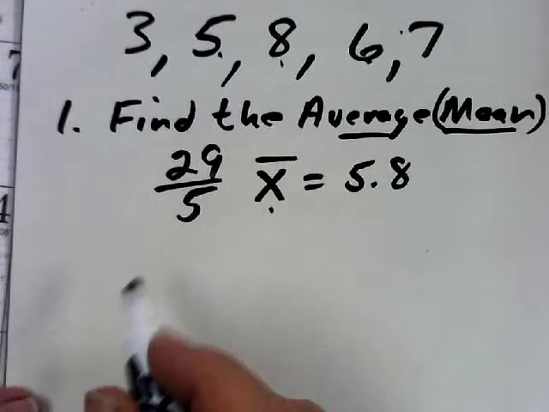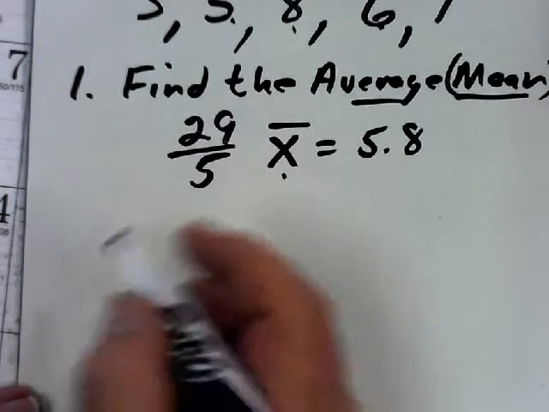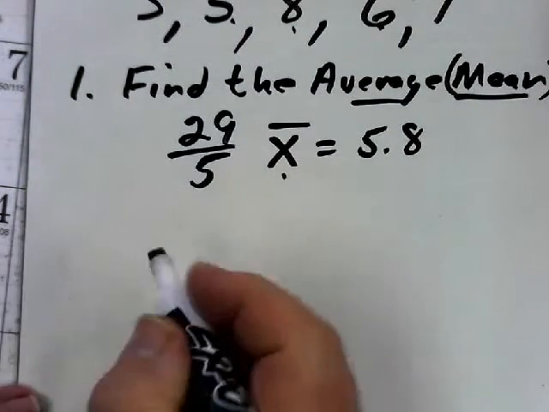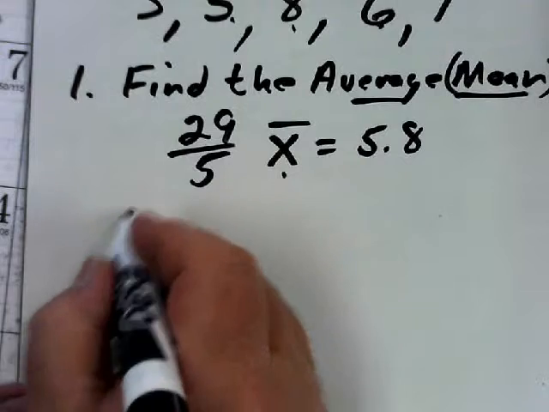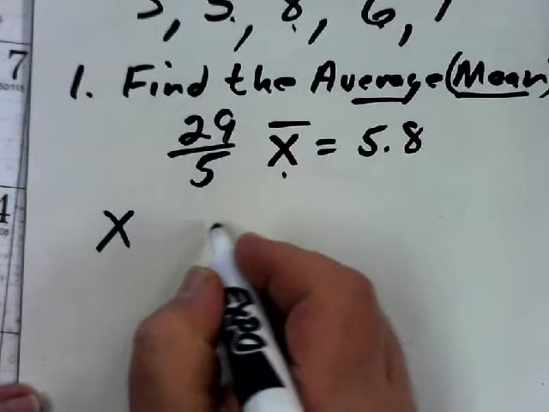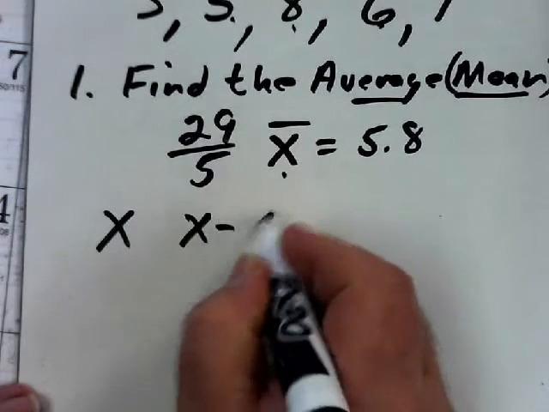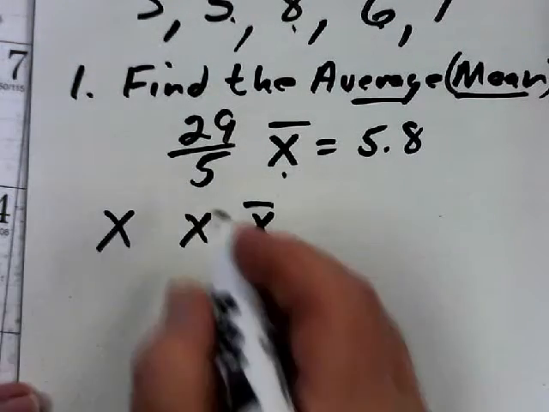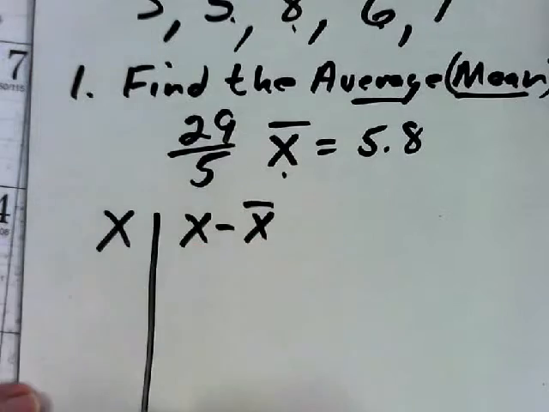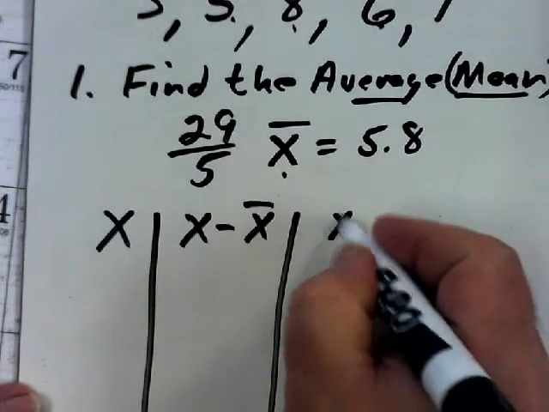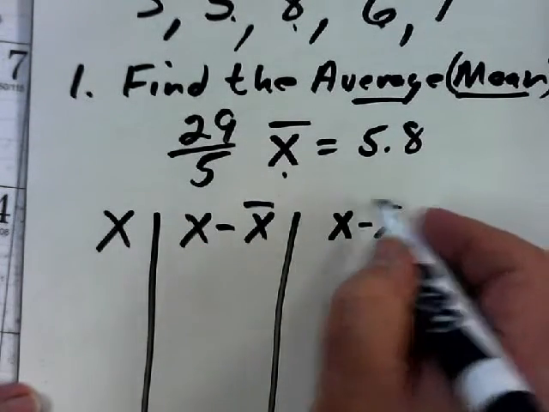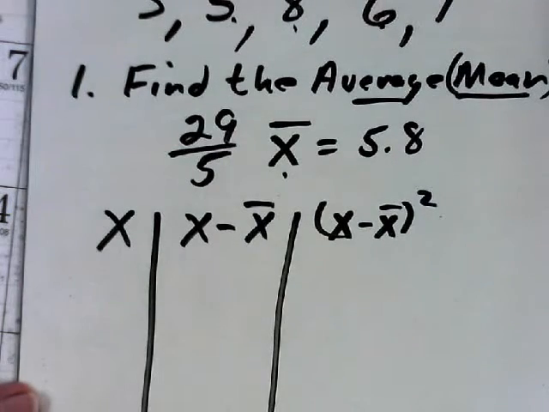Okay? To do this, we actually need to set up a table. One will have X values in it. One will have X minus the average. Another one will have the X minus the average squared.